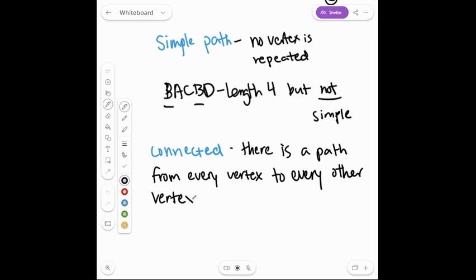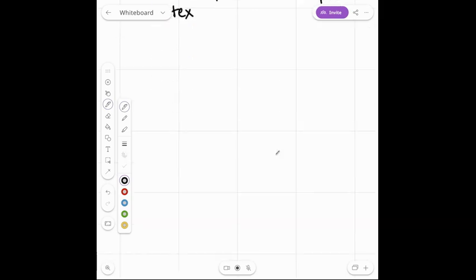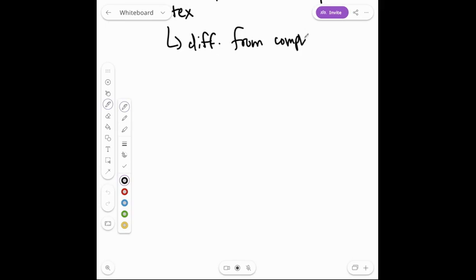This is different from a complete graph because it doesn't require that the vertices be directly connected by an edge. For a connected graph, you only need to have a path between the two vertices.